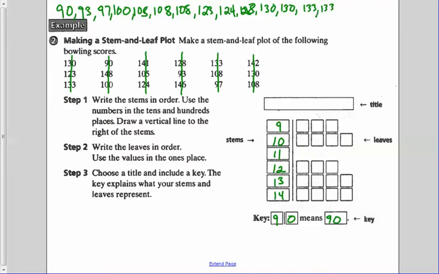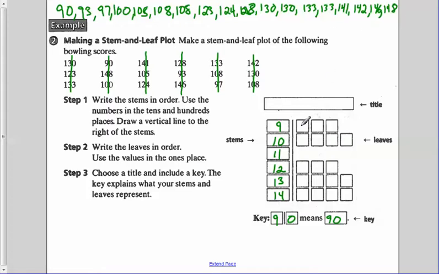And then my last numbers in my stem and leaf plot, this row down here, the 140s, is 141, 142, 146, and 148.